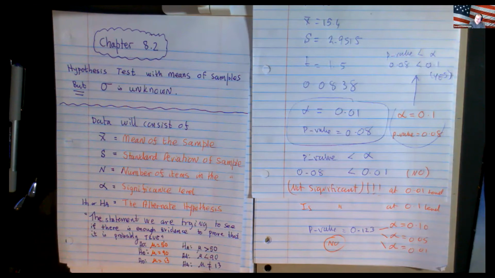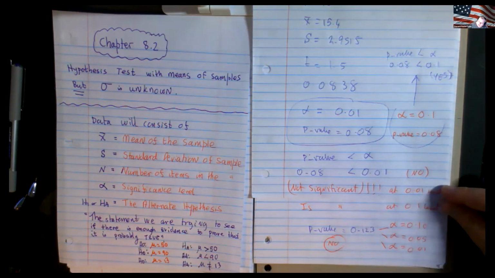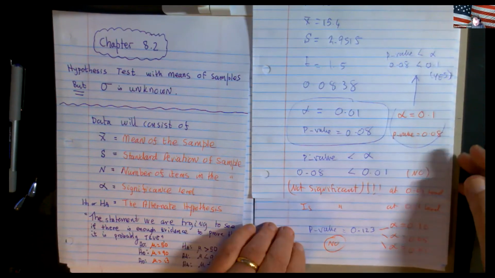So it's not that you're guaranteed a significant result or a not significant result. What I'm trying to get across here is that the significance level does make a difference. If the p-value is tiny, you're going to get yes all the time. If the p-value is really big, you're going to get no all the time. But there's a middle ground where sometimes it's going to be significant and sometimes it's not, and in those cases it depends on what you chose for your alpha.